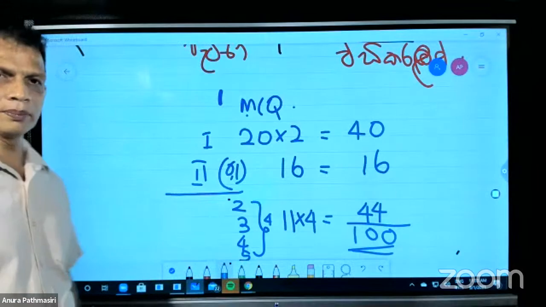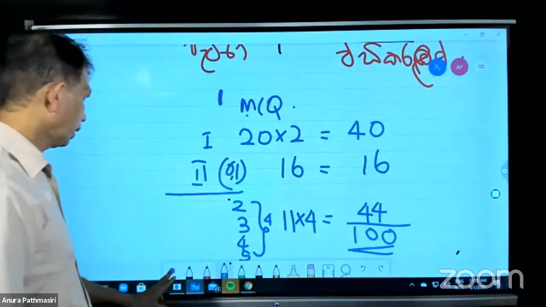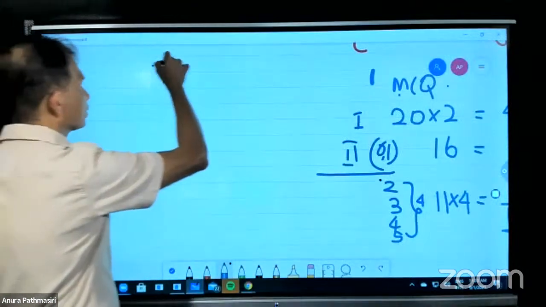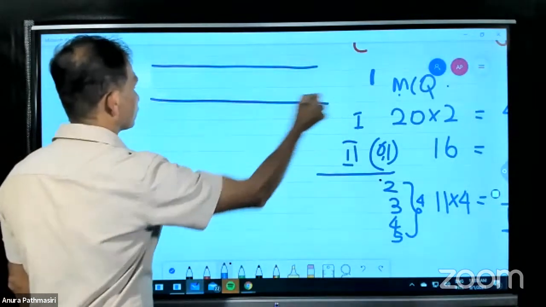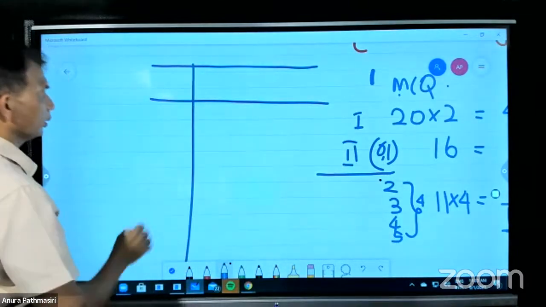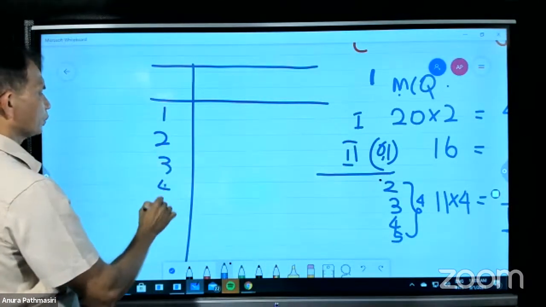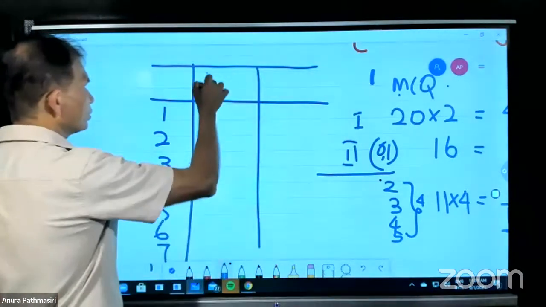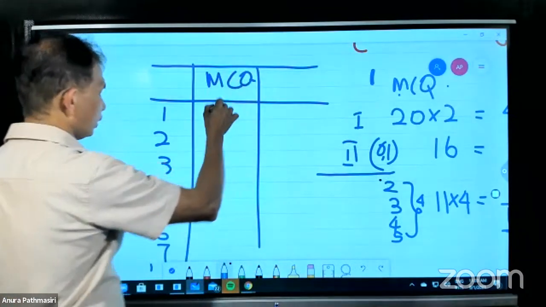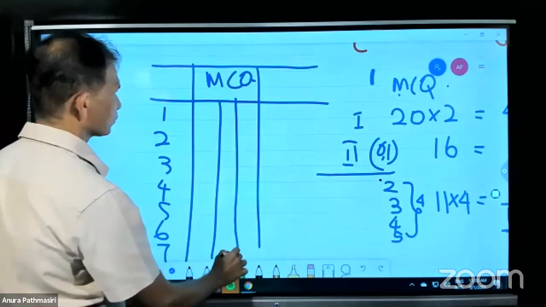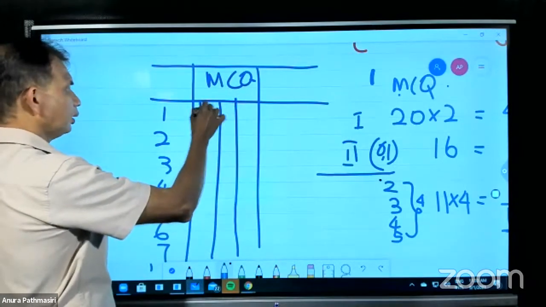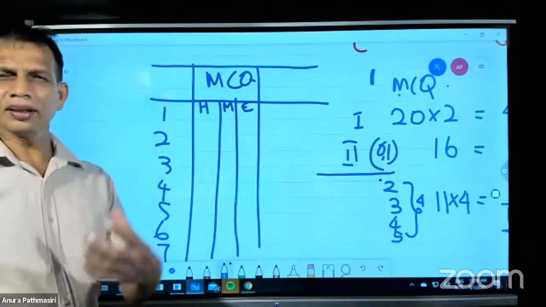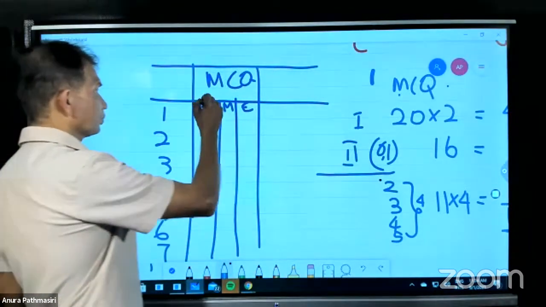When I am setting the paper, remember that it will be set like this. You have the units for the term, like 1, 2, 3, 4, 5, 6, 7. These are the MCQs. MCQs will be of 3 types: hard, medium, easy. There will be very easy questions and some questions will be hard.